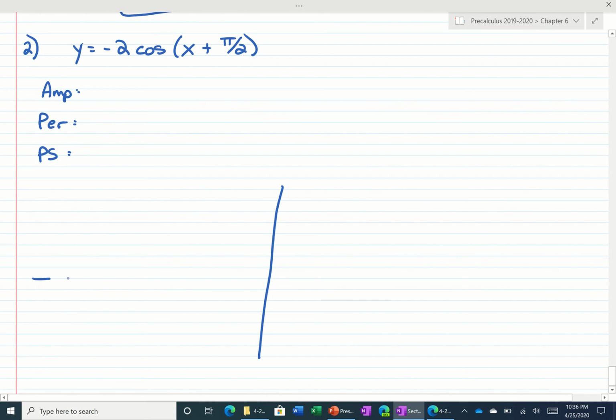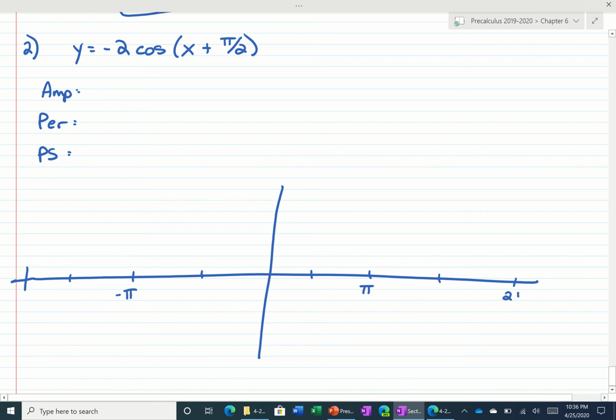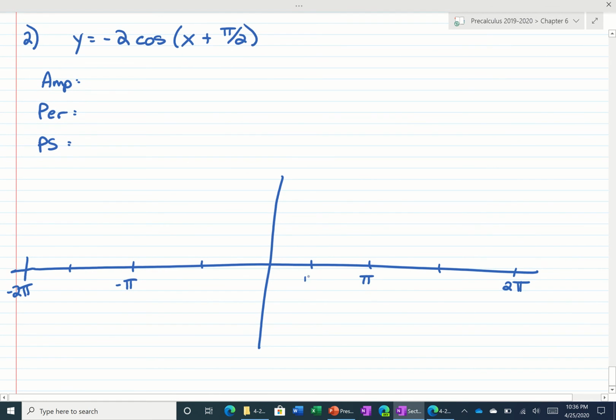Now we are going to be in radian mode, so instead of using degrees, it's not a big deal. We'll just use radians. Remember, 180 degrees is really pi. 360 is 2 pi. And then every 90 degrees, it's really just pi divided by 2, right? 180 divided by 2 is pi over 2.